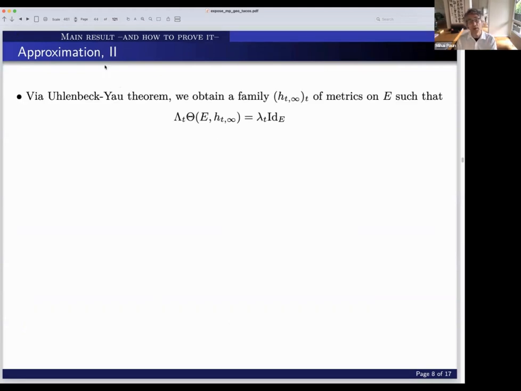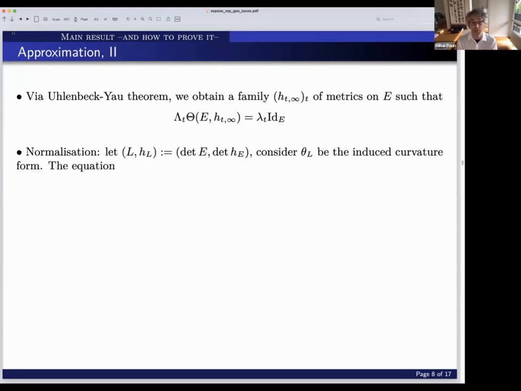So another approximation argument that we're using is that, by Uhlenbeck and Yau, we get a family of Hermitian-Einstein metrics on E, Hermitian-Einstein with respect to omega t. Okay, so omega t again was the pullback of omega plus t times some strictly positive 1-1 form on X hat.